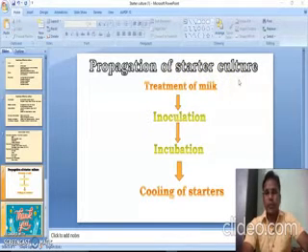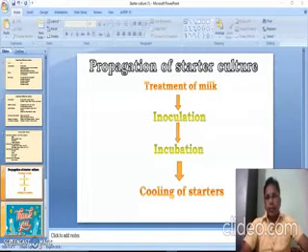If the starter culture is not of superior quality, then we cannot expect a superior quality product. Therefore, it is today's need to propagate a starter culture of superior quality.